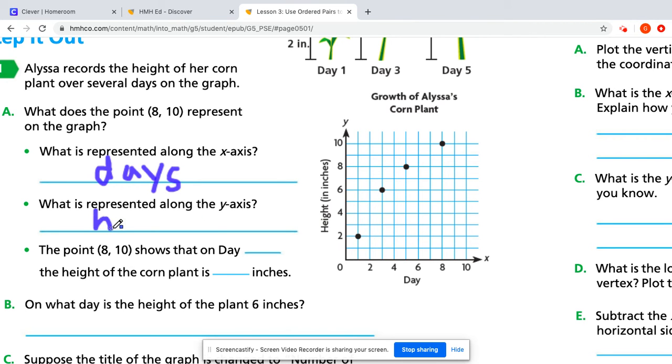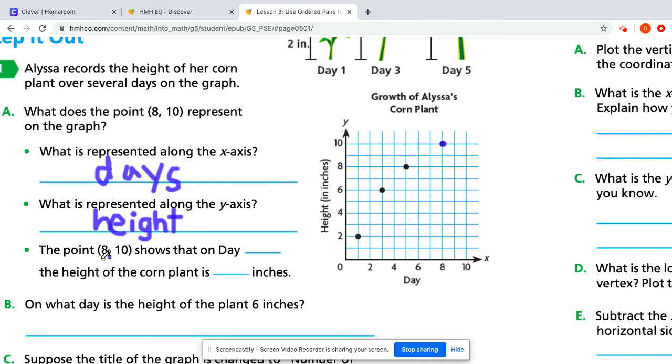If we were to answer the third bullet for part A, it says the point (8, 10) shows that on day blank, the height of the corn plant is blank inches. So let's go to the point (8, 10). We're looking at this point. Remember, we said that the x-axis represents days.